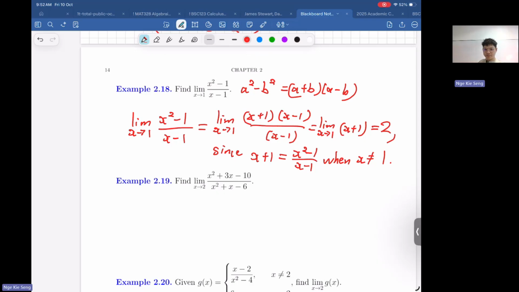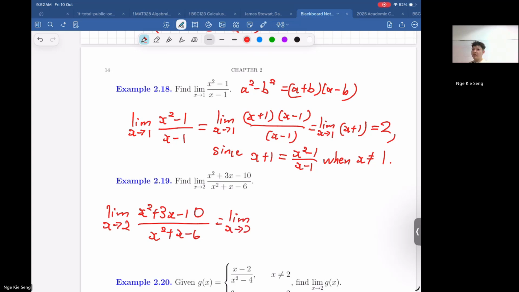Okay, let's do one more. How about the next one? Can we play a similar trick here or not? So how to factorize? x plus 4, x plus 5, and x minus 2, and then x plus 3, x minus 2.